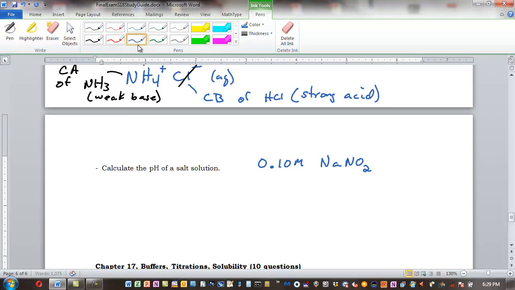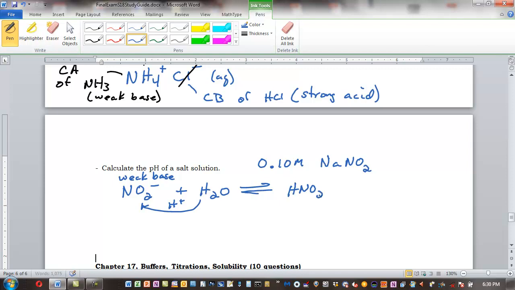Again, these are all aqueous, so we do need to write out the correct reaction. So that weak base is going to do what? Accept a hydrogen ion. Bronsted base, hydrogen ion acceptor. Accept an H+. When it accepts the H+, we get its conjugate acid.